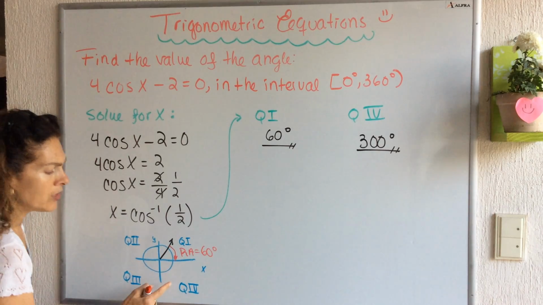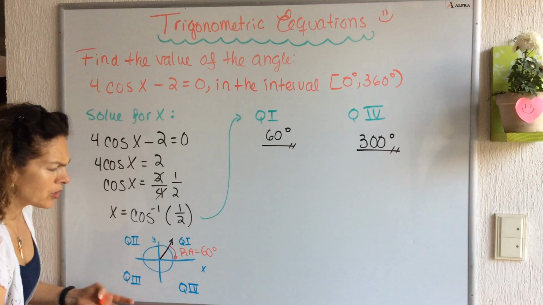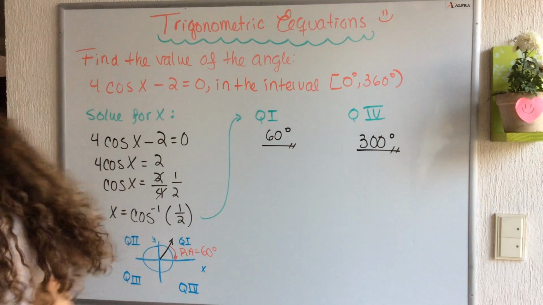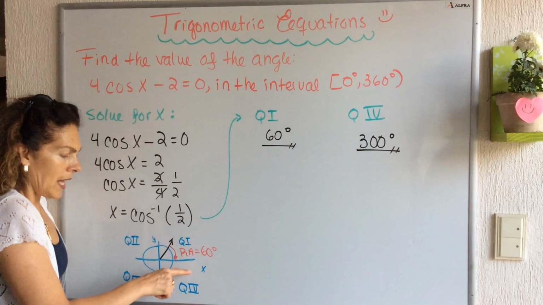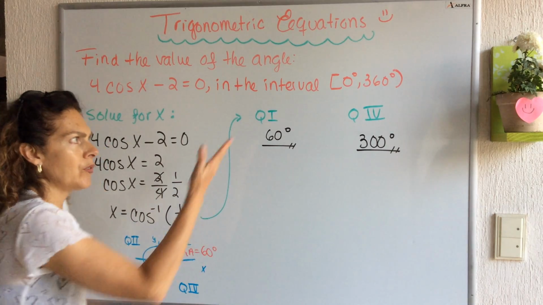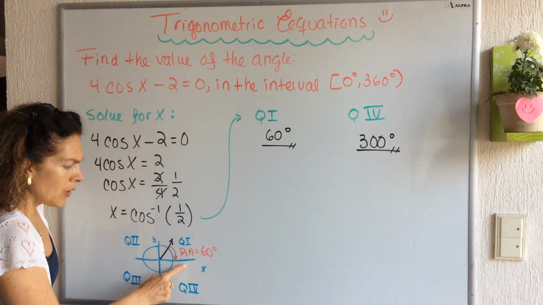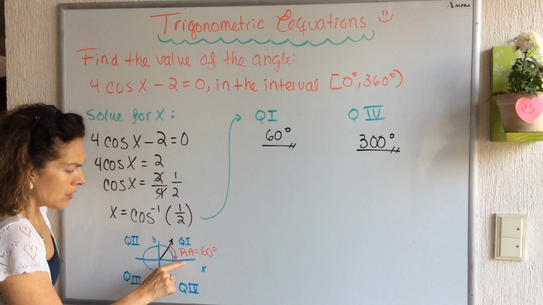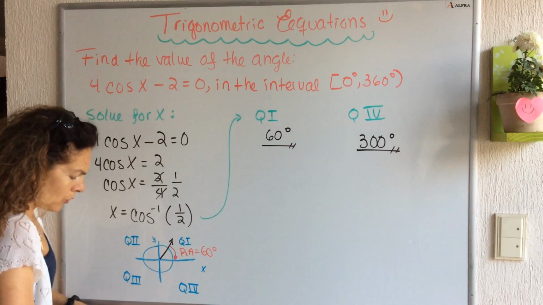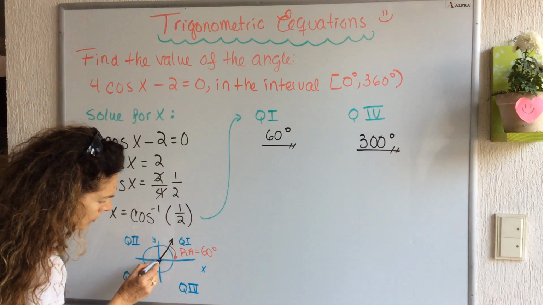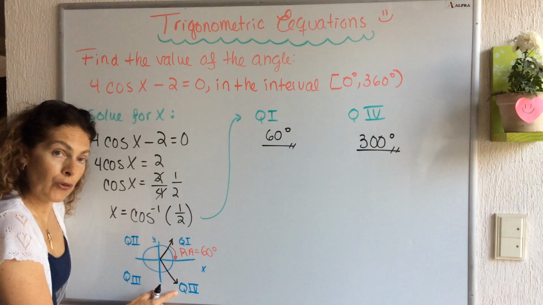Now, remember, if we want to get the answer in quadrant 4, try to think, how are you going to get it? And let me write here the operation that we are going to do. Remember, as we're talking of degrees, we're going to have here 360. So if you do 360 minus the reference angle, you're going to get the angle, which is like the reflection here, which is the answer in quadrant 4, okay?